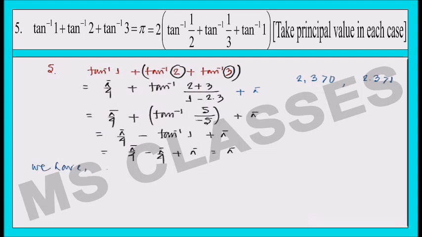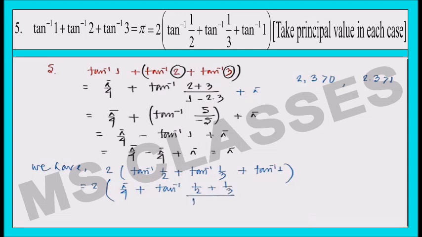We have 2 into tan inverse of 1 by 2 plus tan inverse of 1 by 3 plus tan inverse of 1. Now tan inverse of 1 will be pi by 4. So here 2 outside, pi by 4 plus, because of tan inverse of 1, I have written pi by 4. Now here you can apply the tan inverse of x plus tan inverse of y formula, (1/2 + 1/3) by 1 minus 1 by 2 into 1 by 3.